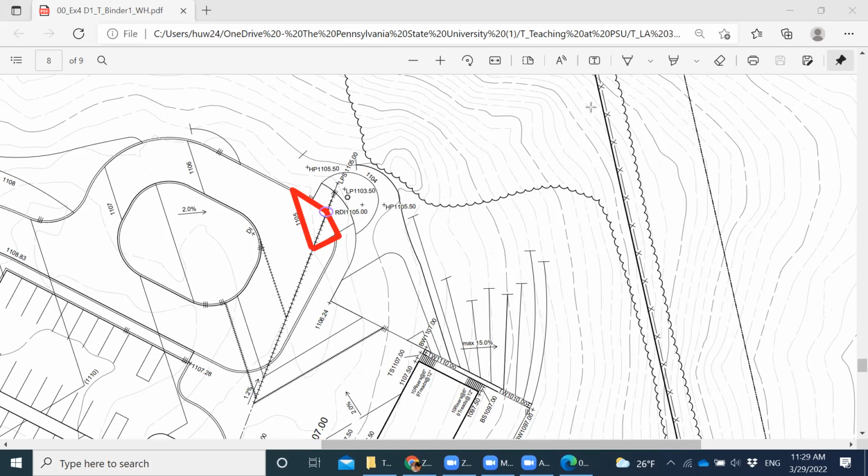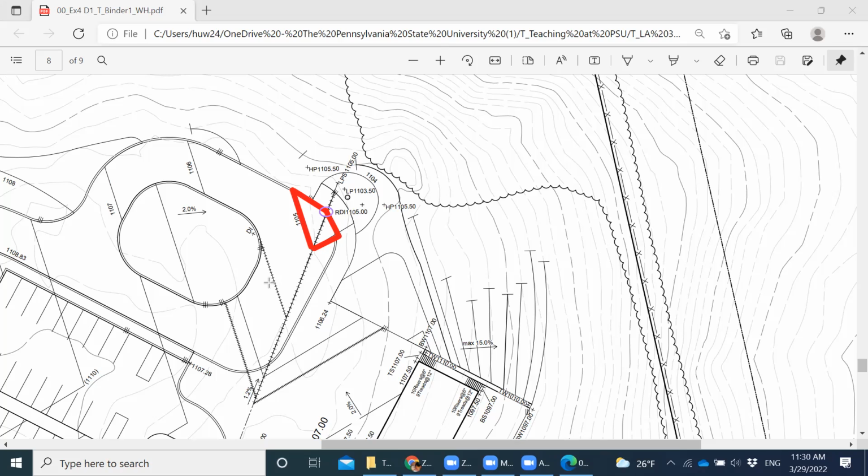Does that make sense? You don't need a trench drain here. Well, let me take that back. You don't need it, but if you don't want water on the ground, put it in. If you have a trench drain, it won't have any water on the ground.